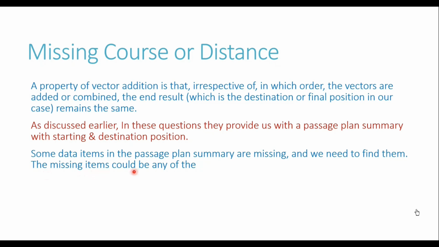These missing items could be any of the courses along the passage. It could be any of the distances covered along a particular leg of the passage, or the missing item could be the initial or final position of the ship.